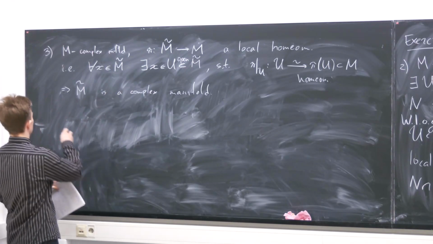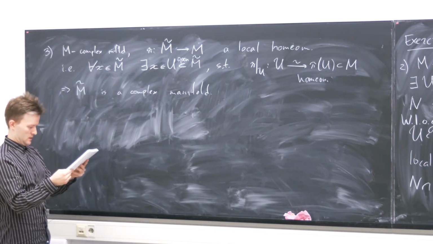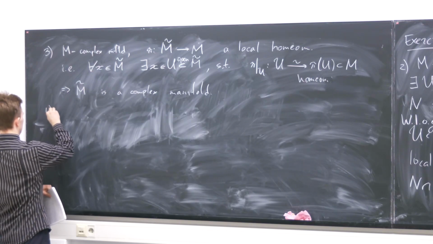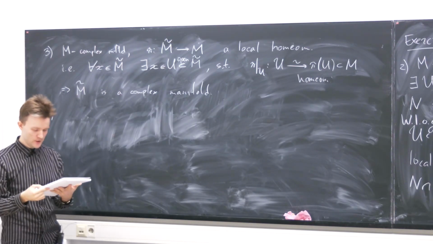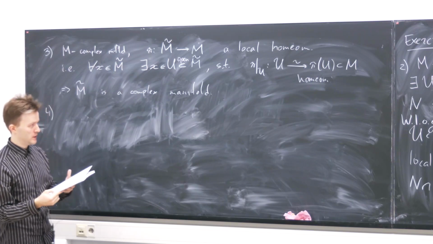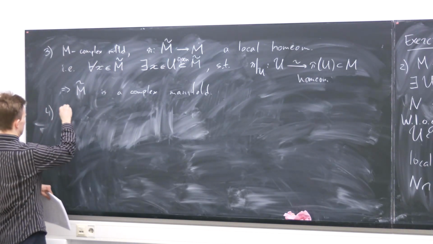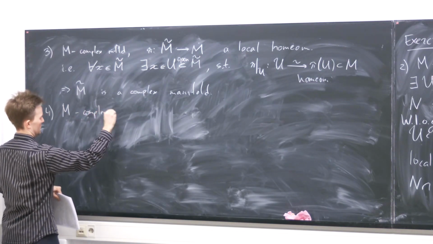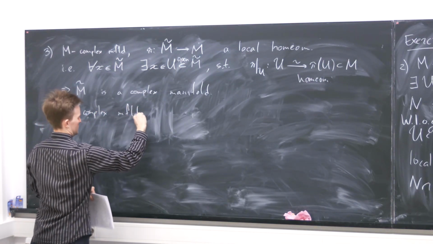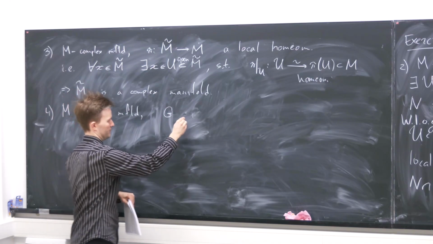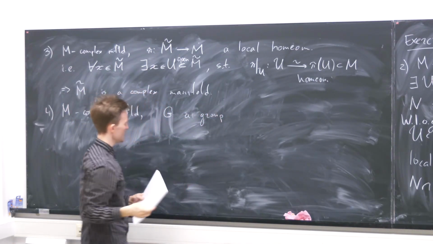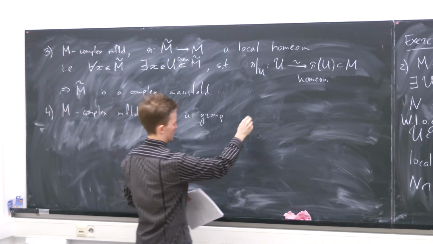Let's then also discuss the following example. We also want, of course, to take quotients by group actions. So let's say M is a complex manifold and G is a group which acts on M holomorphically.